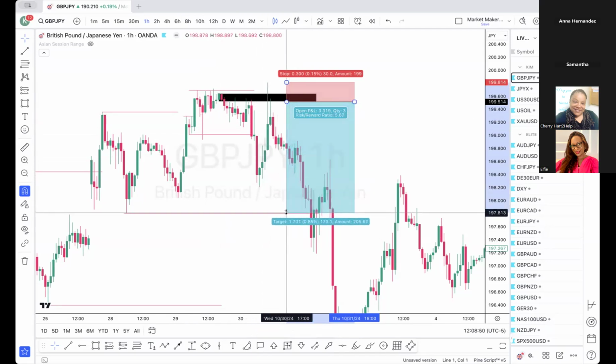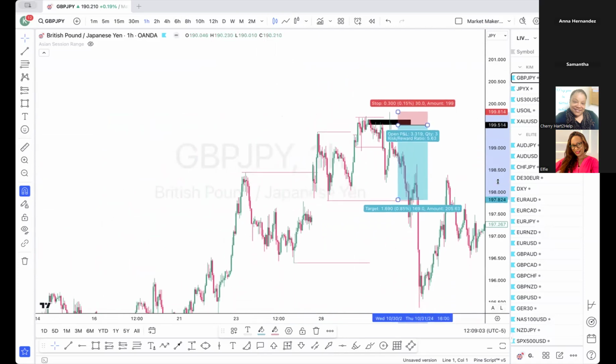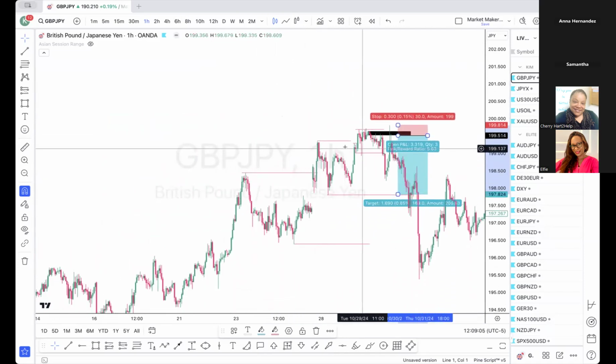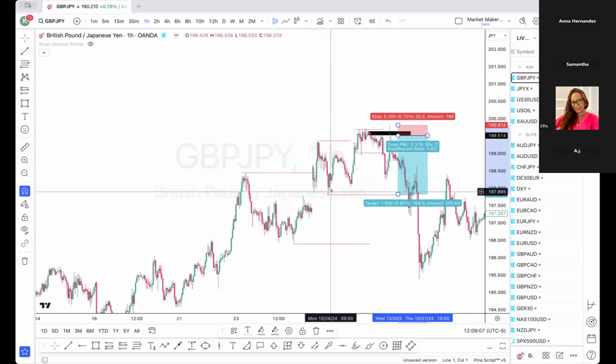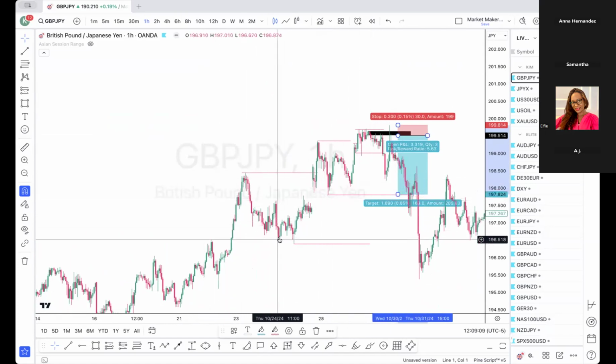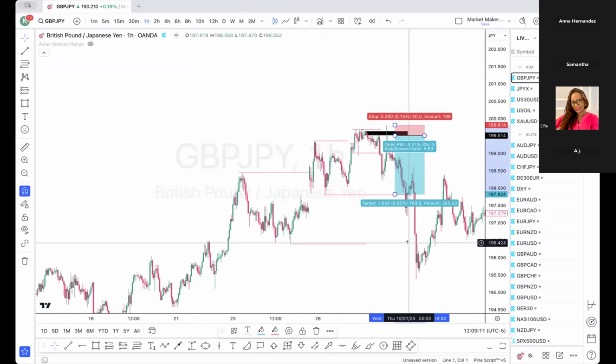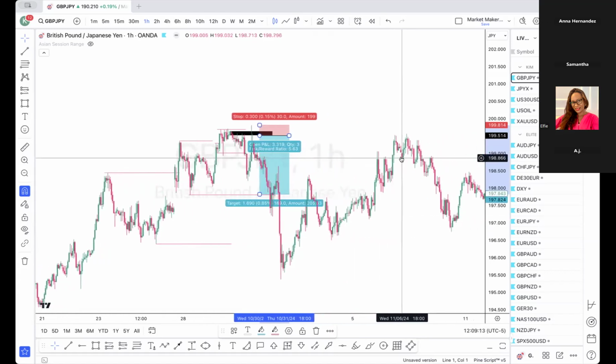That makes sense, but I got a quick question for you. Uh-huh. So when would you know to get out of your hedge when you realize it's going in your direction? I'm going to stay in the hedge because I'm looking at structure, right? Even though it broke this low and then it broke this low, I know that price is coming back up.